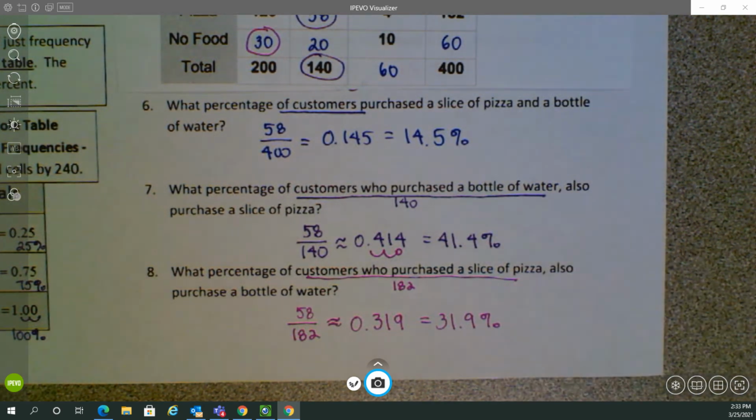So notice the percentages are different because we're changing our original counts. So from here I can ask you questions. Who's more likely to purchase whatever? That's how I can look at it. Out of the water drinkers, which situation is more likely? Buying pizza or whatever the case may be.